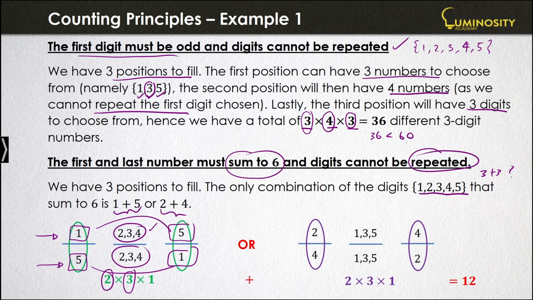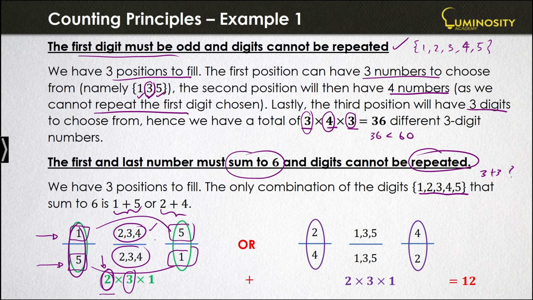The other way of thinking about it is that there are two options for the first digit, 1 or 5. There are only 2 digits you can choose from in the first position. Then there are 3 objects in the middle that can go on, because we need the first plus last number to be 6.